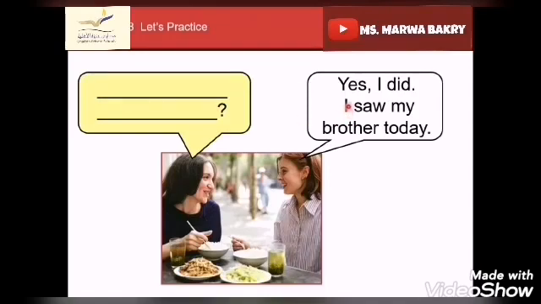The subject here is I. We will change it into, excellent, you. We can say did you see? Beginning with did, we change the subject I to you, and also change the verb from the past into the infinitive, because here we say did. With did, my students, we use the infinitive form. Did you see your brother today?